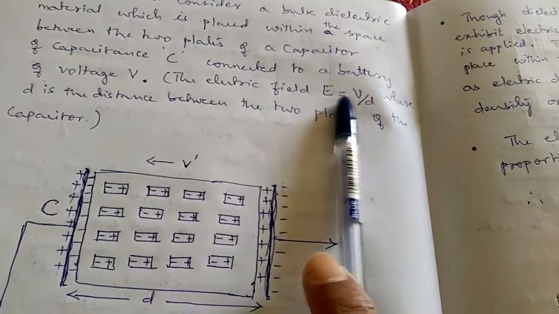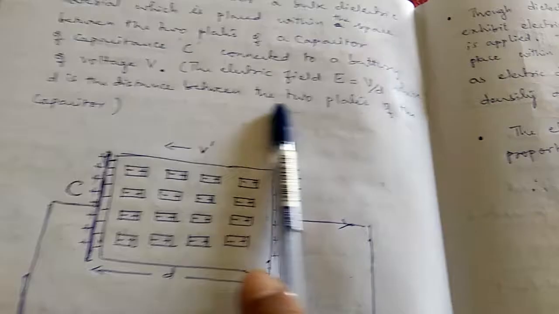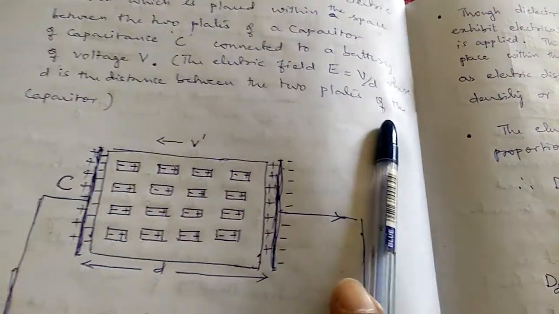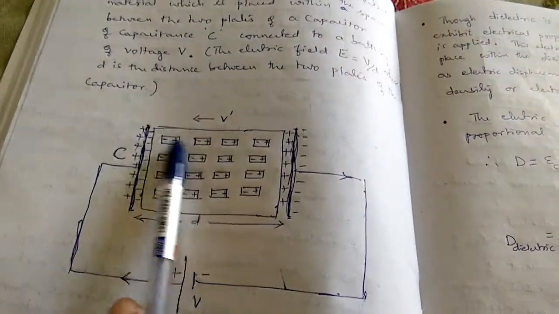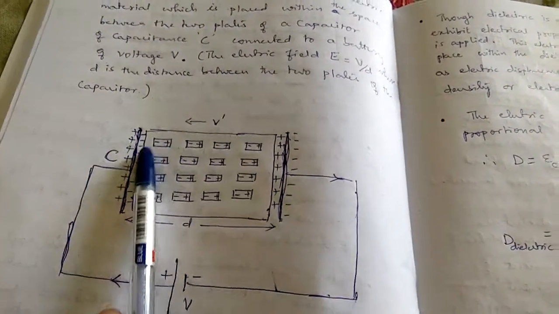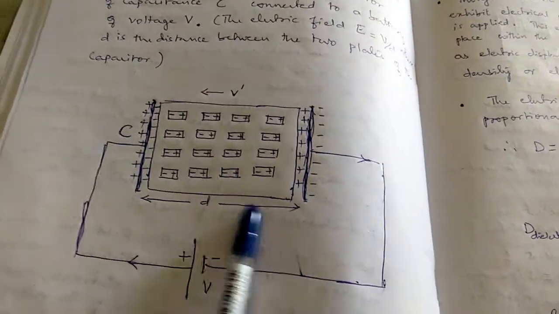This is the relation between the two, electric field and voltage. That is E is equal to V by d, where d is the distance between the two plates of the capacitor. So now these are the two plates of the capacitor, and a dielectric material is kept within the space between the two plates.